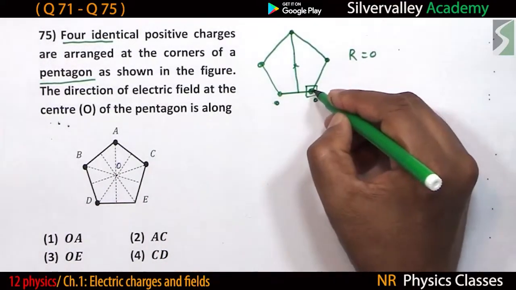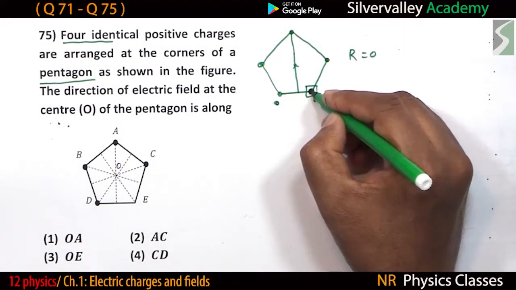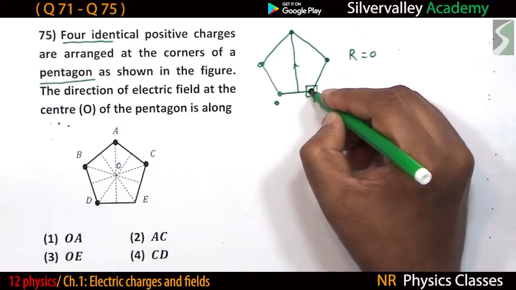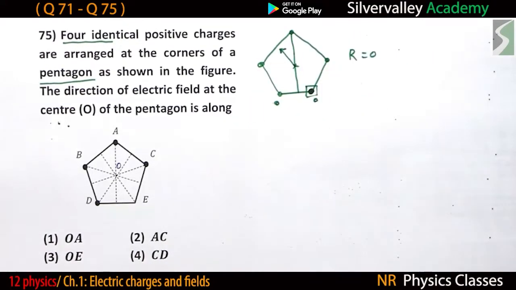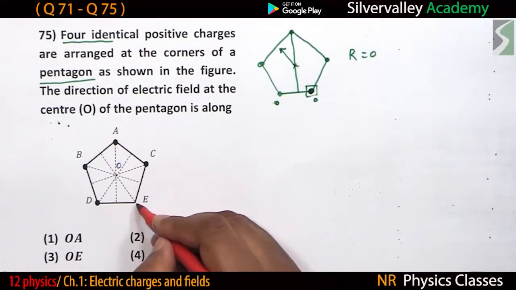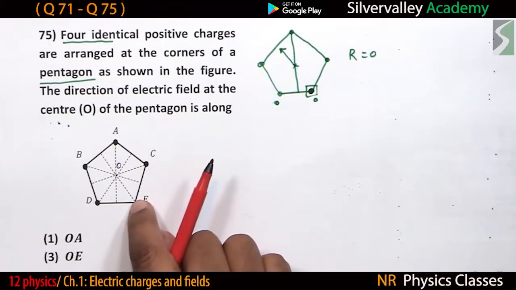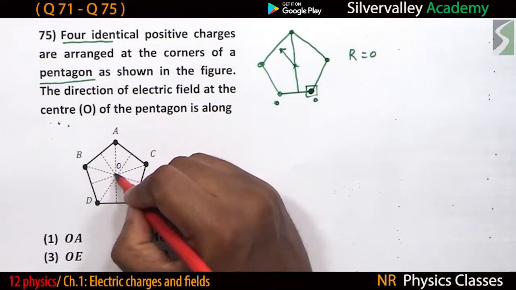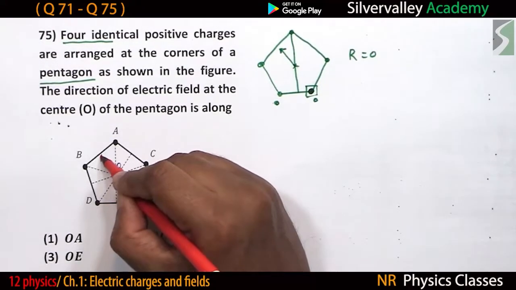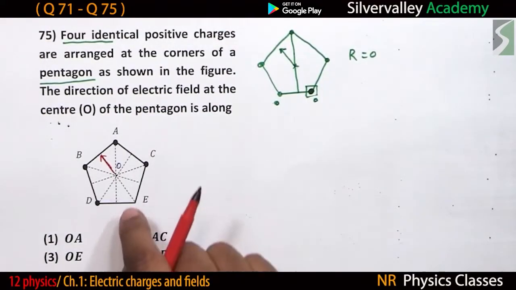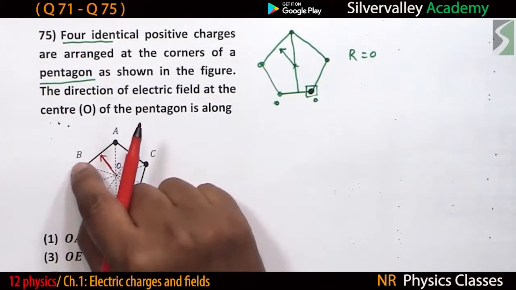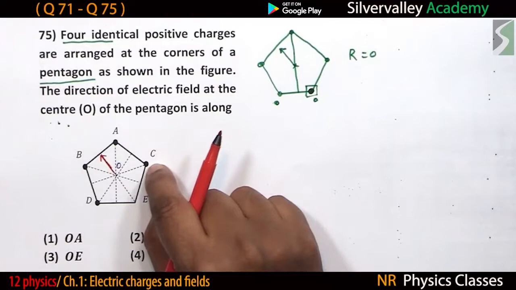But what is the direction of electric field due to this charge? If it is positive, then the electric field is away. So in this diagram, because of this imaginary charge, the electric field is away. Meaning this effect is nullified by all the other 4 charges.